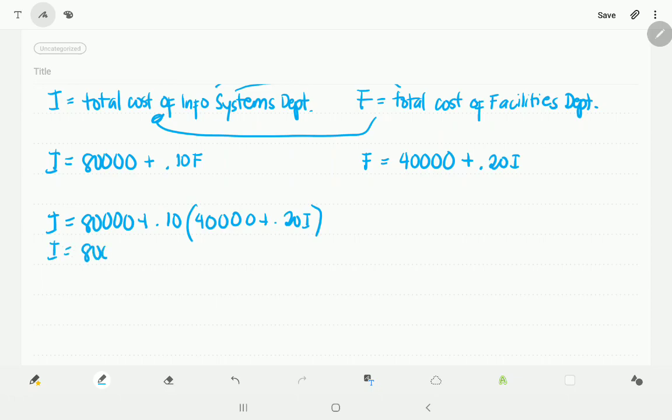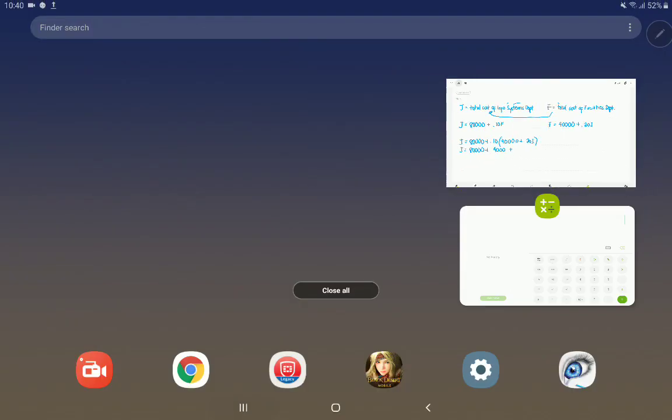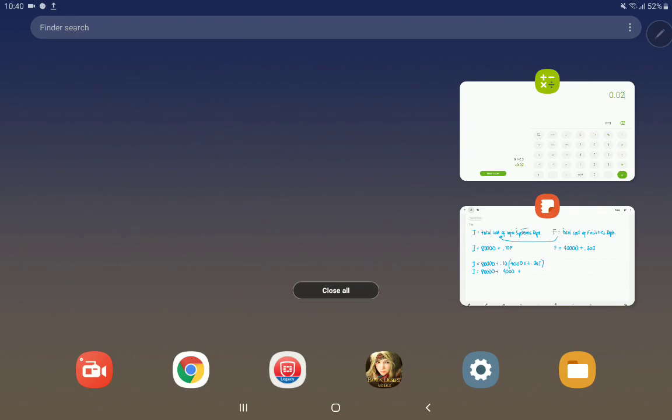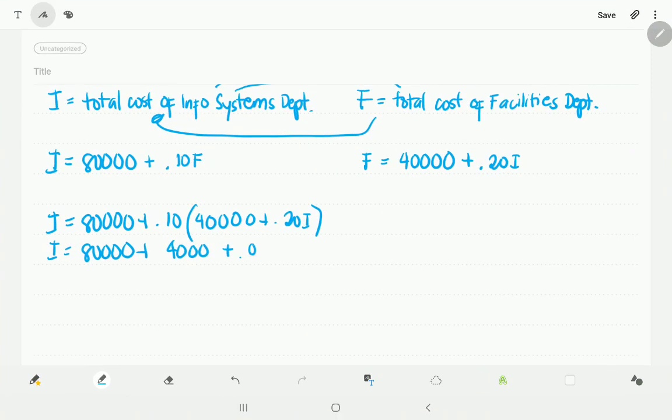I is equal to 80,000 plus 4,000 plus, using the calculator to be sure, 0.1 times 0.2, which is 0.02I. Then we can simply transpose 0.02I to the other side, and we have 0.98I equal to 84,000.